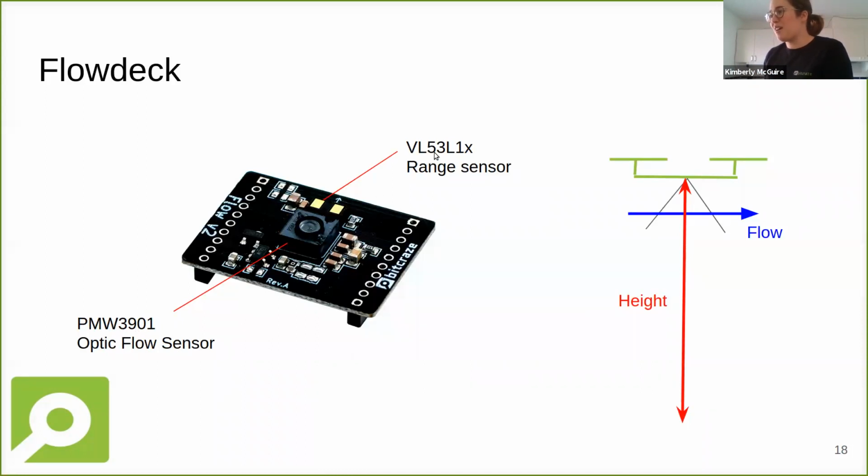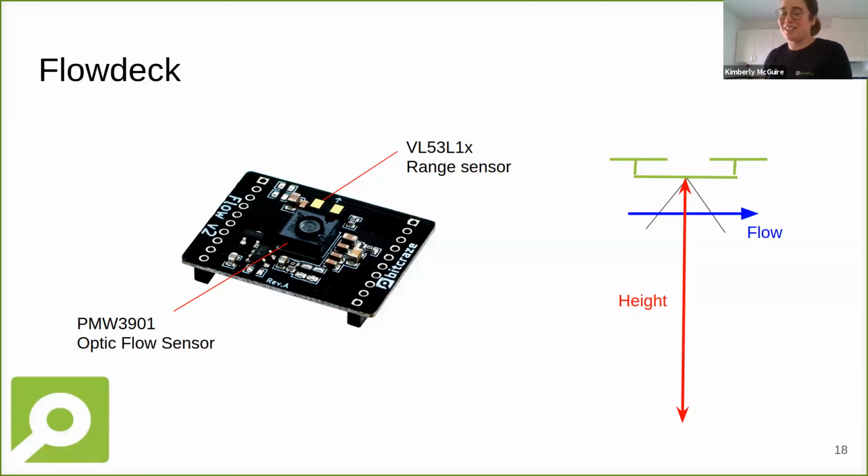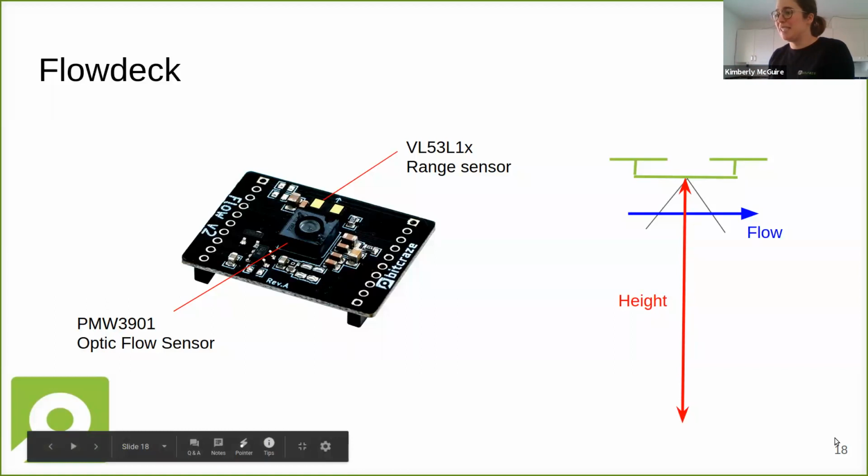And then you also have a VL53L1X range sensor, so you can find all the specifics on our website, but that's pretty much for detecting height. And that is able to detect height up to 4 meters. So it can fly pretty high, but I think 1.5 meters will already do.